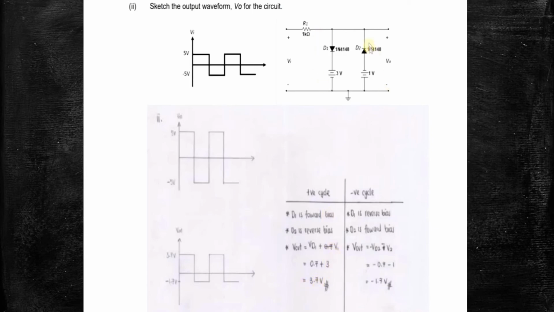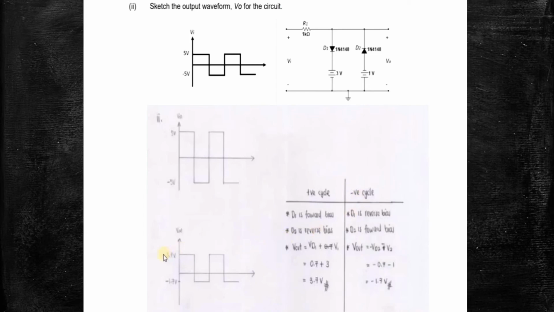But during the negative cycle, D1 is in reverse bias and acts like an open circuit, and D2 is in forward bias, acting like a short circuit. The output voltage will equal the sum of the voltage on diode 2 plus 1 volt, which is negative 1.7 volt, for the negative cycle.